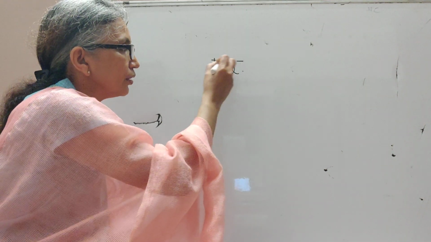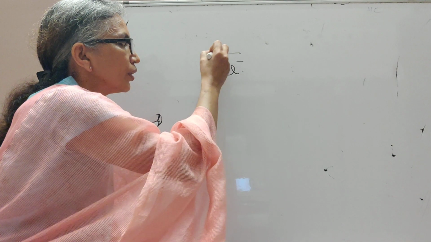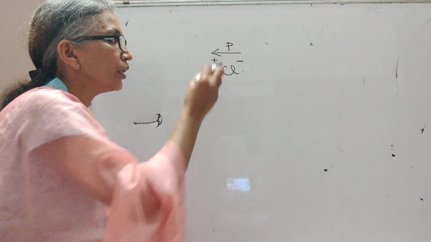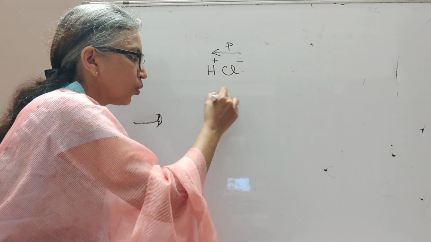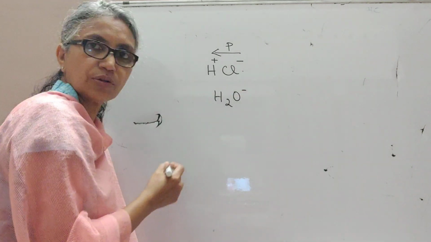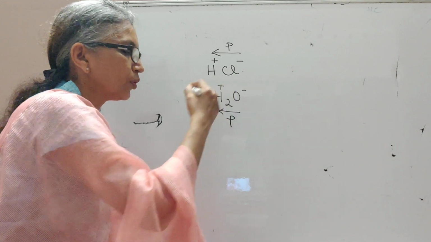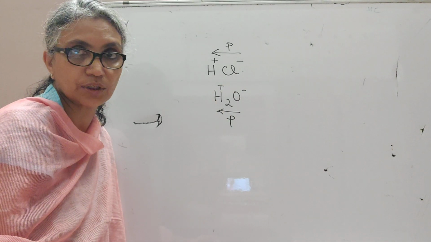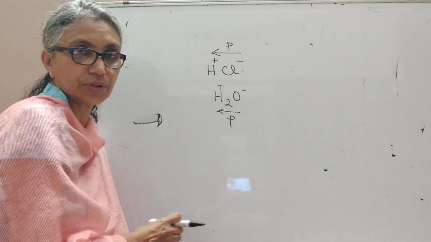So there's always a separation between the positive and the negative. So it already has a dipole moment P directed from the negative to the positive. Similarly, H2O. This is highly electronegative. This is highly electropositive. There is already a dipole moment directed from the negative to the positive. These are called polar molecules.